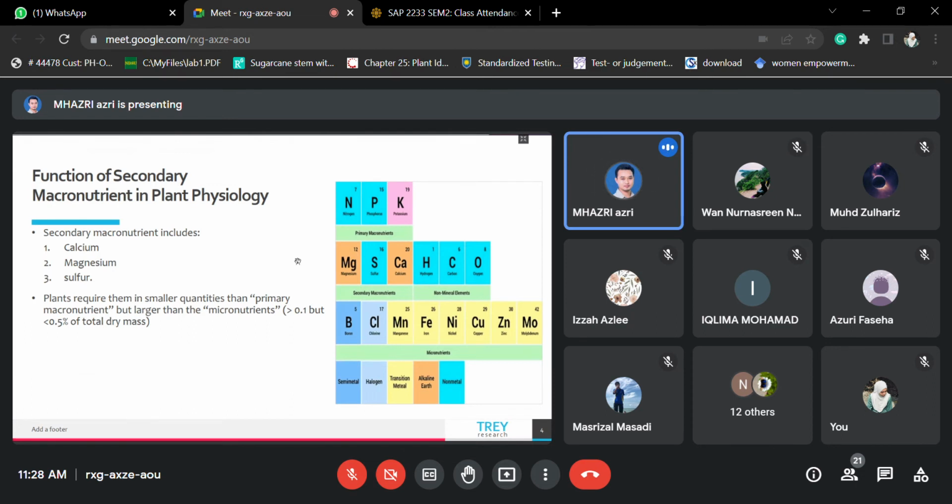However, we can divide these elements further into primary and secondary macronutrients. For primary, the concentration of the elements in plant tissues is higher than 0.5%. For secondary, the concentration is between 0.5% to 0.1%.